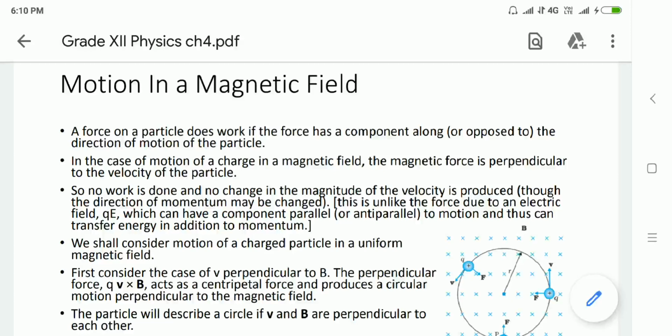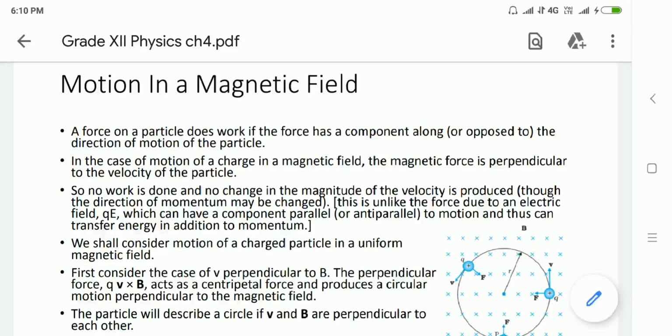Now consider the motion of a charge in a uniform magnetic field. In this case, V, the velocity of the charge, is perpendicular to the given magnetic field B. So we have the force equation, Q into V cross B, acting as a centripetal force and producing a circular motion perpendicular to the magnetic field, as shown in the figure.